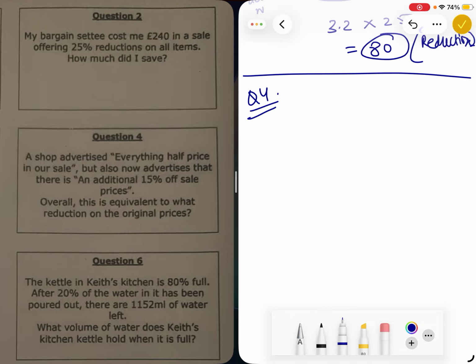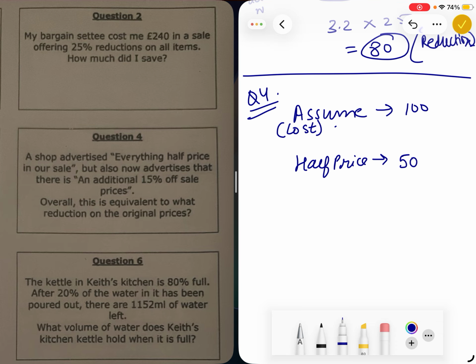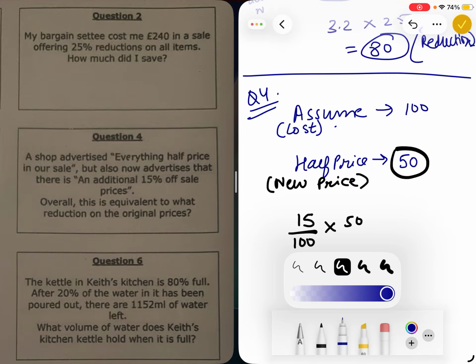See, let's assume that they are costing 100 as the cost. So half price of it will be how much? Half price of it will be 50, correct? Then additional 15% off. The new price is 50, so the additional 15% of 50 will be how much?